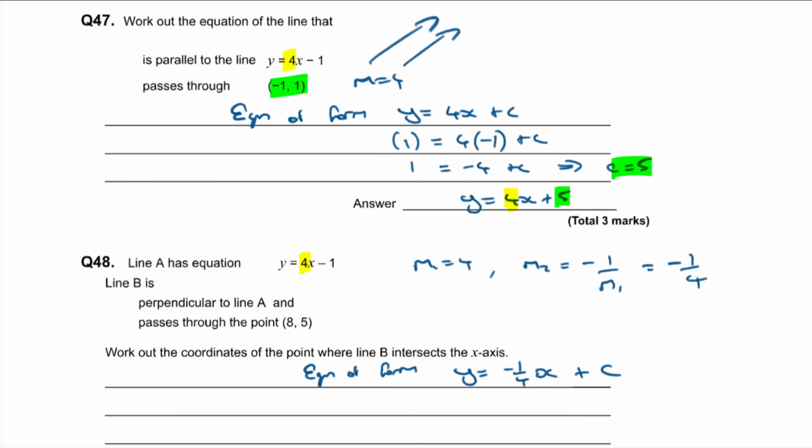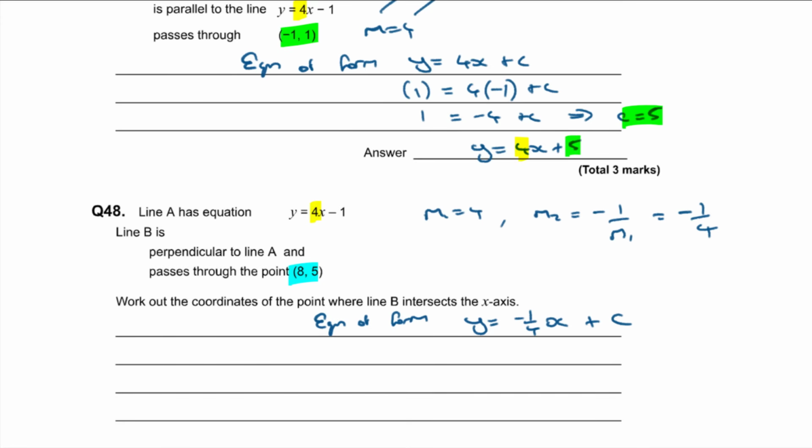Okay. Now we know it passes through the point 8, 5, so subbing that in for y and x, then I'm going to get 5 is equal to -1/4 lots of 8 plus c. Okay, well that's 5 is equal to -1/4 lots of 8 is -2.